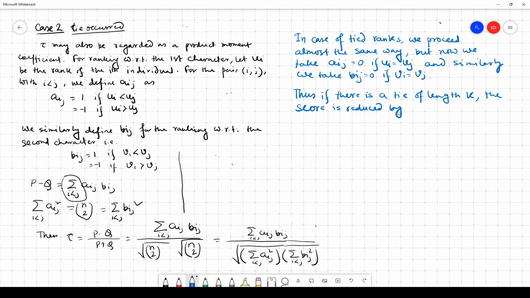If you look at the judge, there is a tie of length k, then obviously you have some pairs, and for how many such pairs do you take 0 score? Please tell me how many.